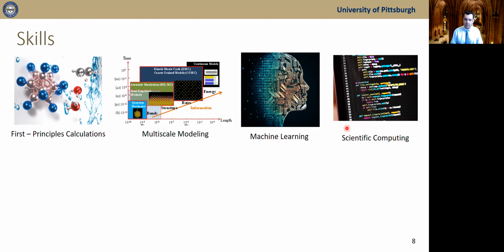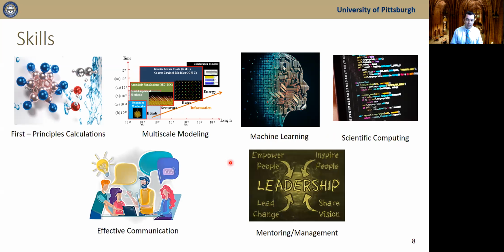In addition to these skills, they develop skills that help them become the next leaders in academia and in industry, such as effective communication, mentoring skills, and of course, management skills, managing both groups of researchers and also scientific projects.